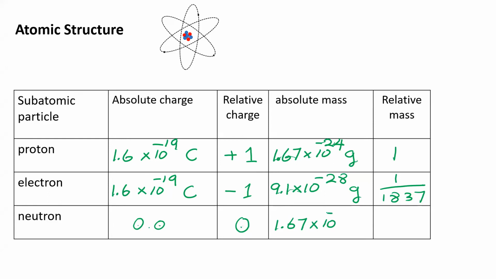There is a slight difference. I haven't shown the other decimal places, but the neutron is very slightly heavier than the proton, but the first 3 digits are pretty much the same.